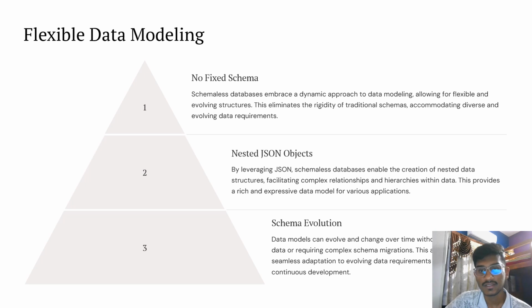Nested JSON objects: it enables creation of nested data types, that is, nested nodes, to store various data types in the form of hierarchies, and also to maintain relationships between different JSON objects. Schema evolution: here the data models can change over time without affecting existing data. So this enables seamless adaptation to evolving data requirements and facilitates continuous development.